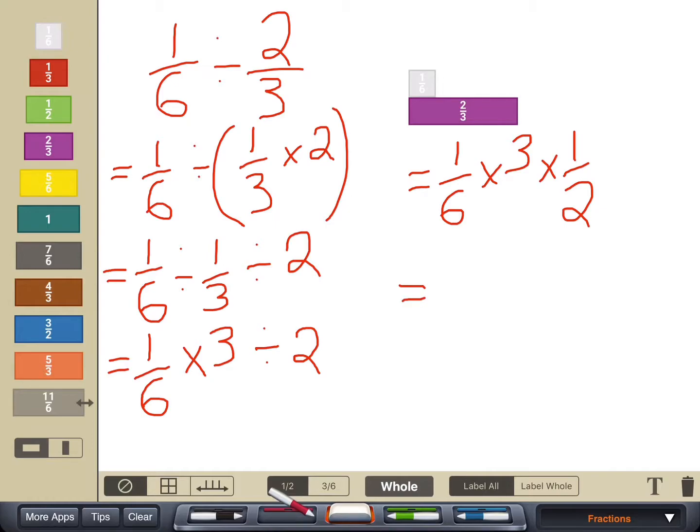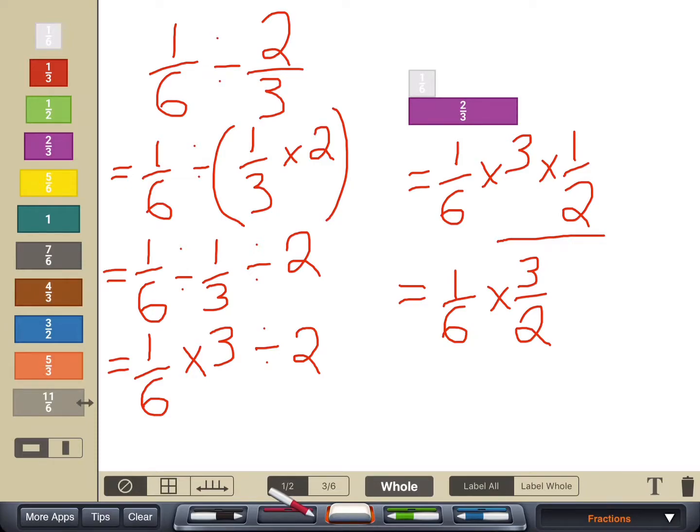Okay? And now I can simply take these two factors and put them together. So I still have my 1/6, but this time I'm multiplying it by 3 halves. Et voila, my division has become multiplication.